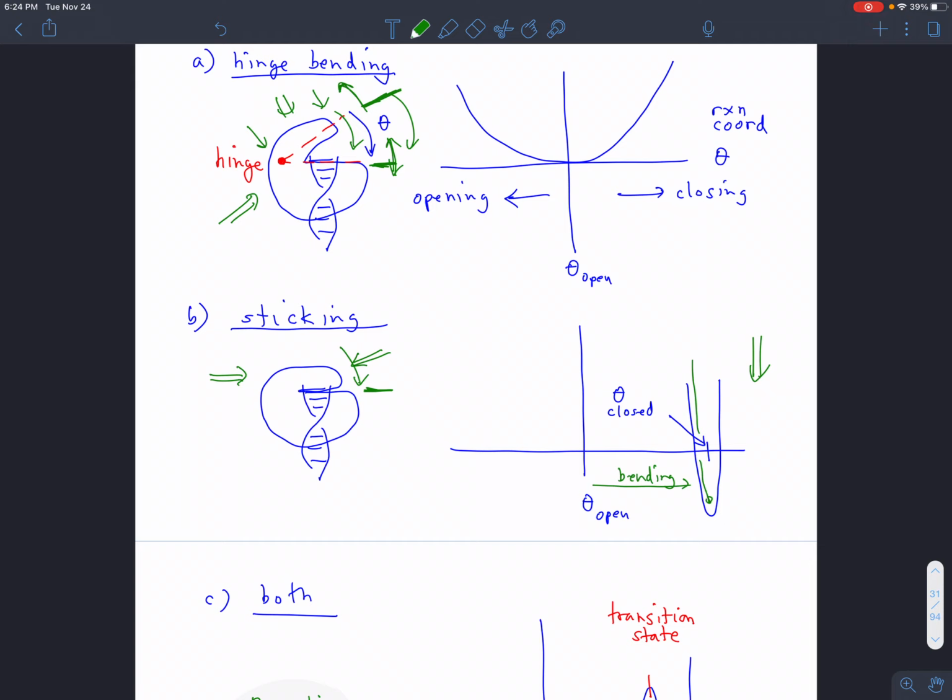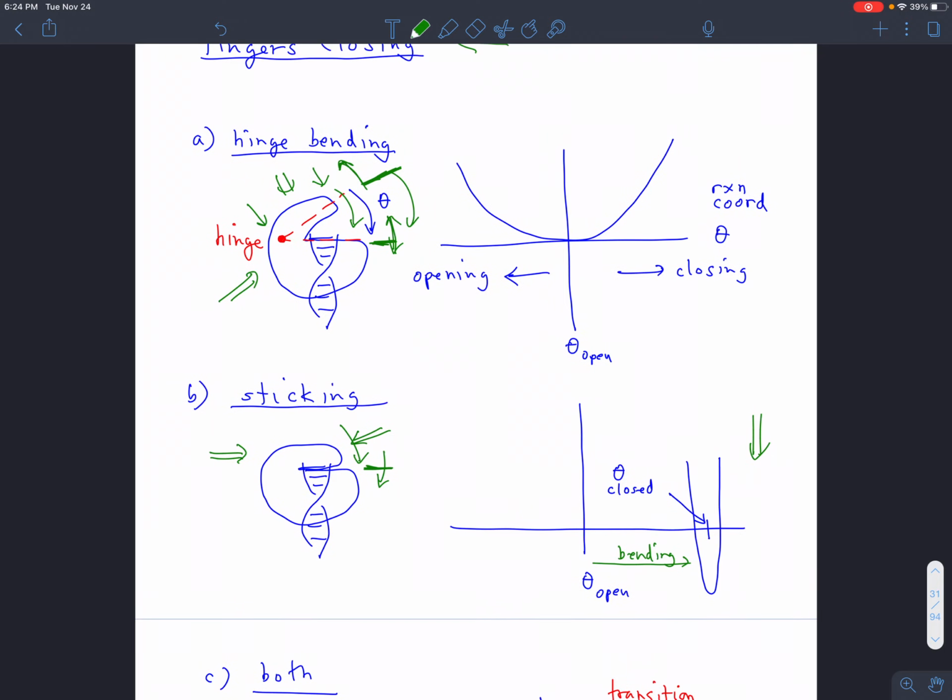And it gets stronger and stronger the better we go, the further we go. But if we go too far, then we're going to start sort of pressing the fingers into the protein. You don't want that. So we're going to have this narrow potential energy well that represents the sticking phenomenon between the fingers and the rest of the DNA.